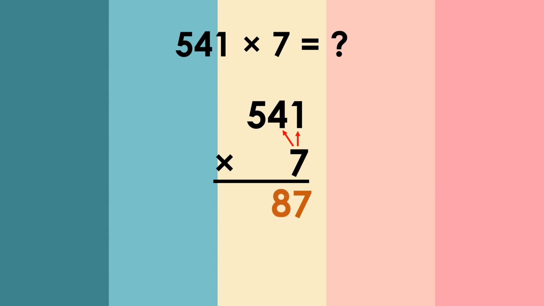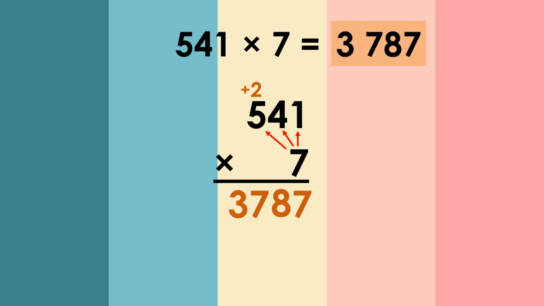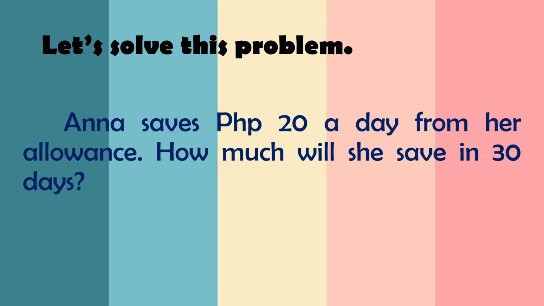Bring down 8 and carry 2 to the next place. Last, 7 times 5 equals 35, plus 2 equals 37. 541 times 7 is 3,787.